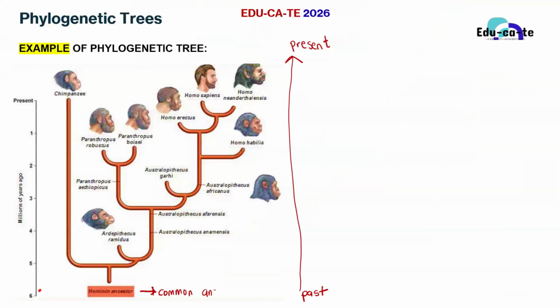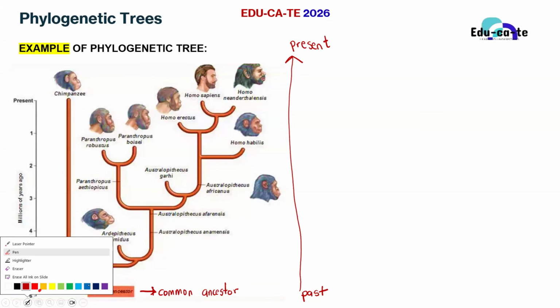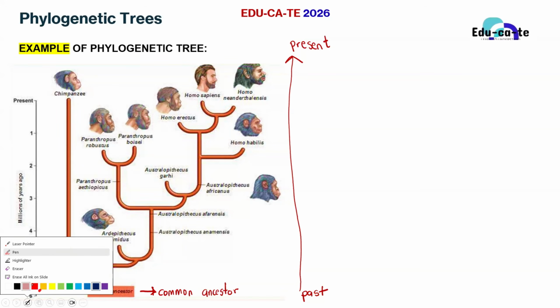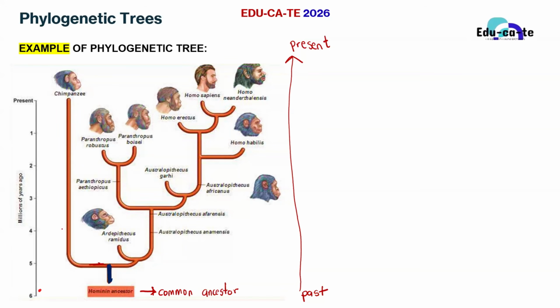It is believed that this hominin common ancestor gave rise to each and every organism in the family Hominidae, or your hominins. Now if we trace this phylogenetic tree and go up, there is branching happening here, there is separation.